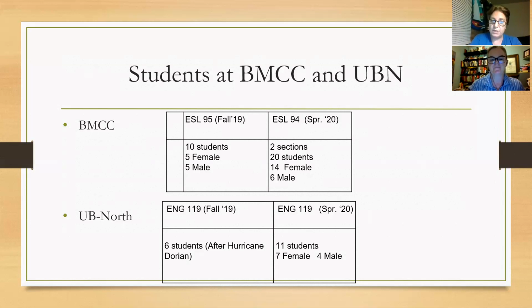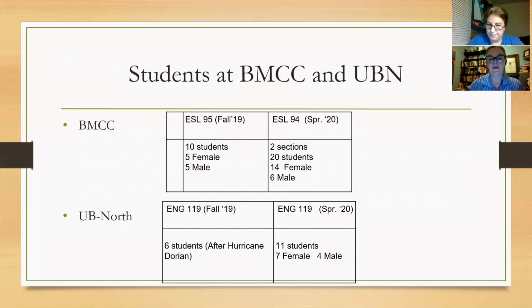We started working together in the middle of the semester, but these were the numbers in our classes. In the fall semester 2019, I had 10 students in ESL 95, the course before freshman composition. And in the ESL 94, which is before ESL 95, that's one level down, I had 20 students, 14 females, 6 males.